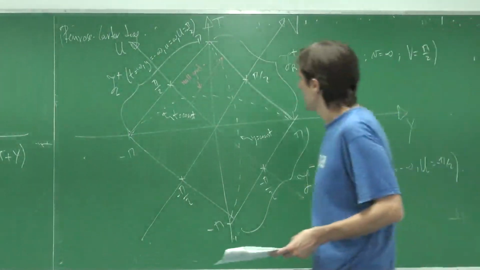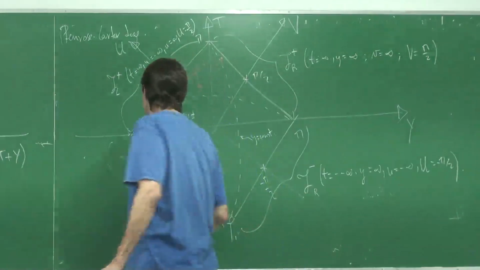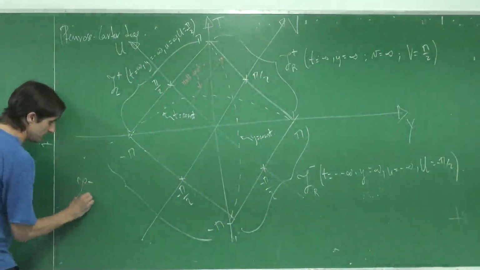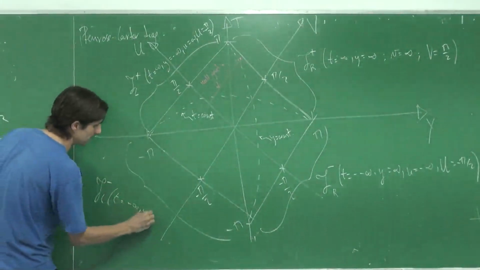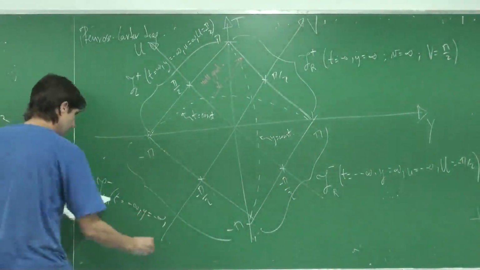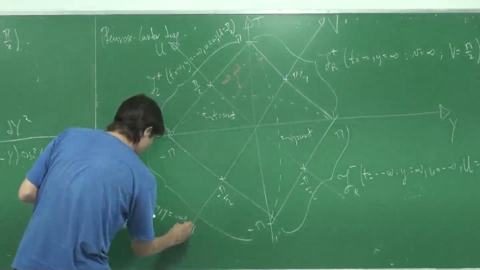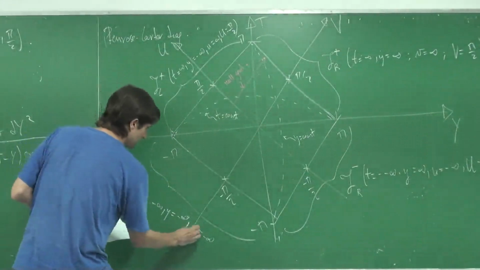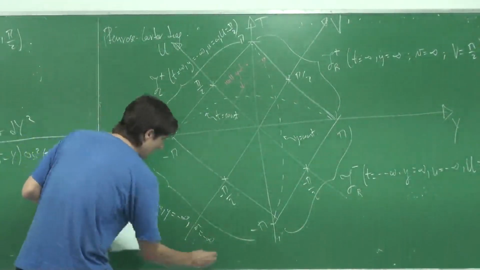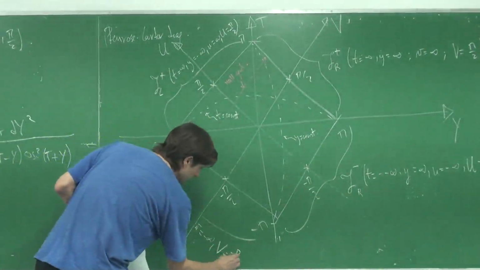And the same thing here. This is scri minus left. So T equals minus infinity, Y equals minus infinity, U equals minus infinity. Sorry, V equals minus infinity, and capital V equals minus pi.